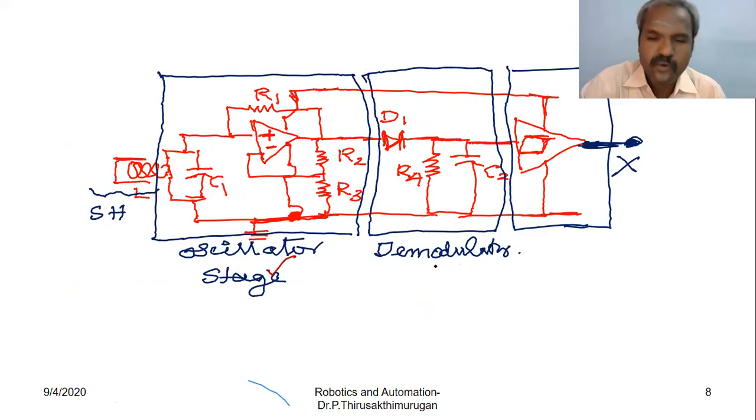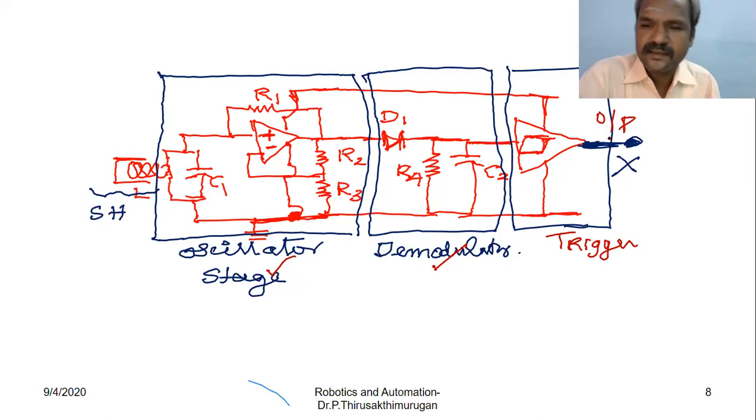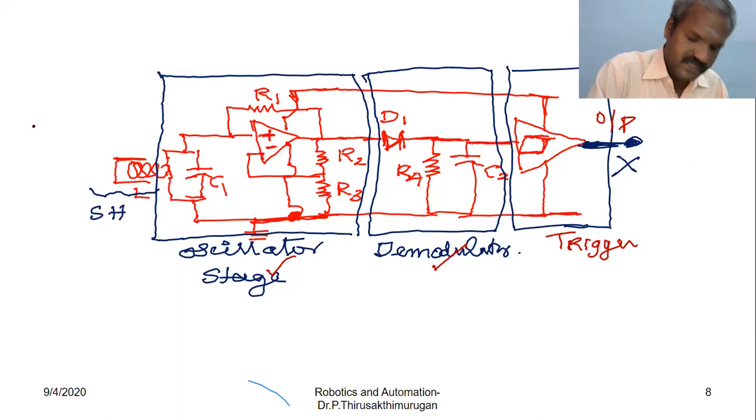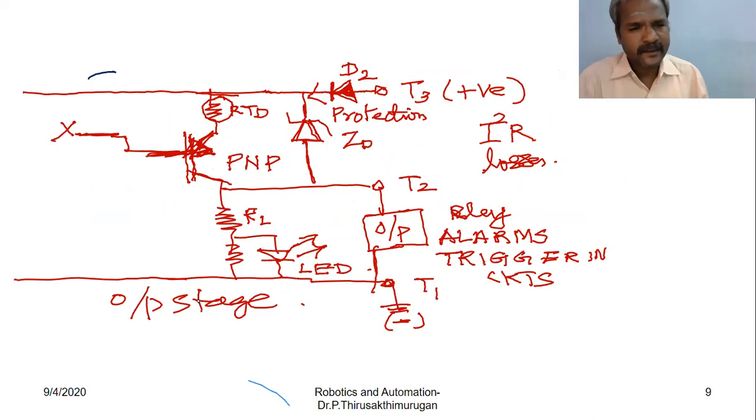The third one is the demodulator stage. The fourth one is the triggering stage. Next, this circuit goes to the output stage, which I will explain here. This is the output stage, coming from the triggering stage.